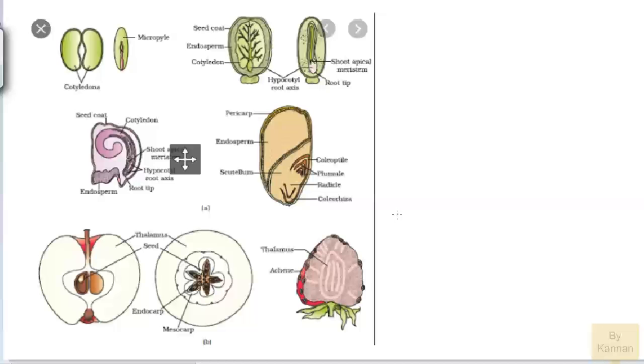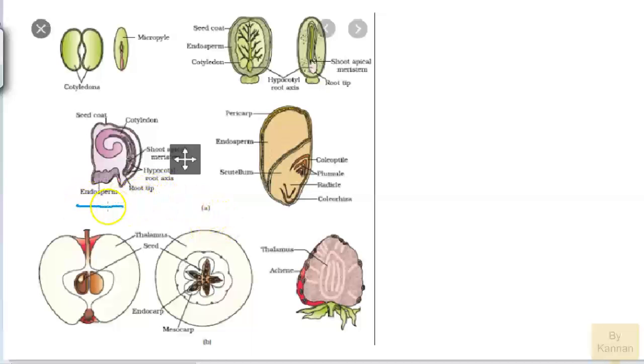Here the next part: some types of seeds and how the embryos are present inside the seeds. Here you can see the cotyledonous structures present inside the seeds, with examples like monocot seeds and dicot seeds, how they formed, and where the endosperm is present.